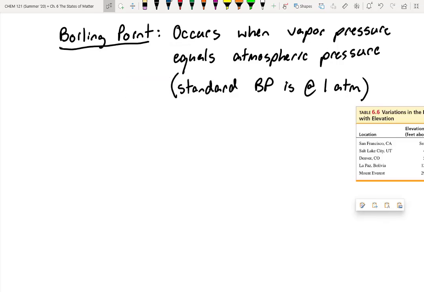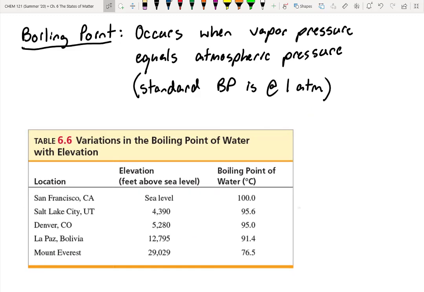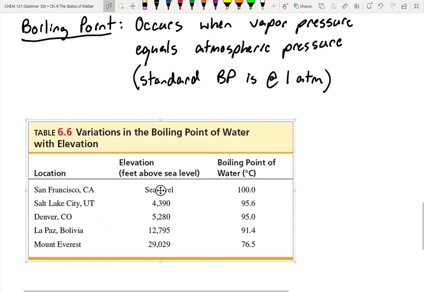All right, so here's one problem: boiling points change depending on how far above or below sea level you are. If you think about sea level, the boiling point of water is 100 degrees, but this one down here always blew my mind.